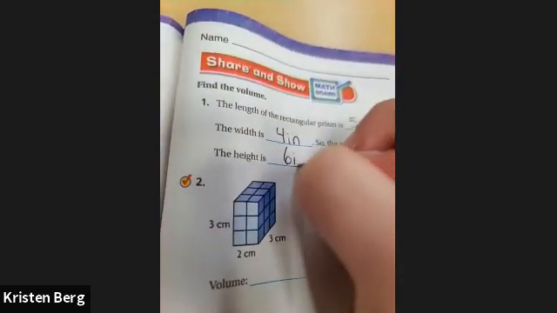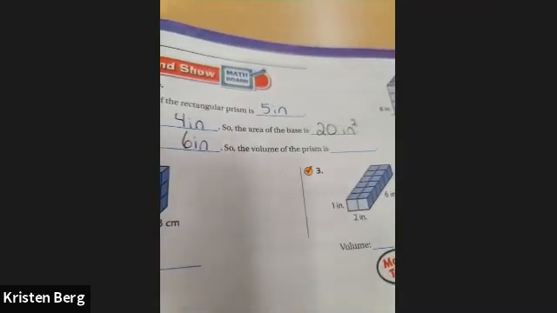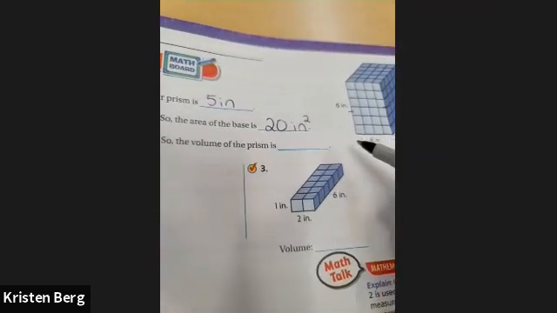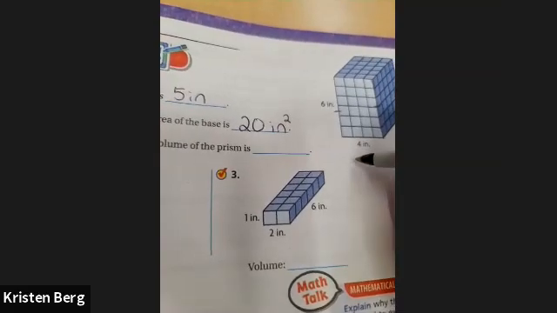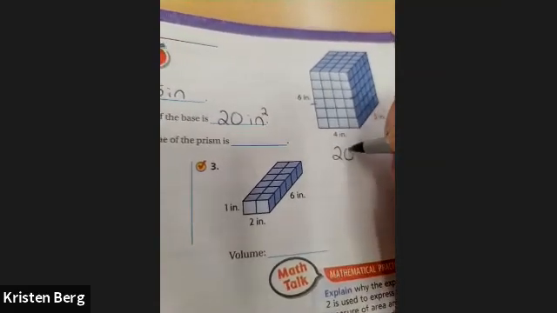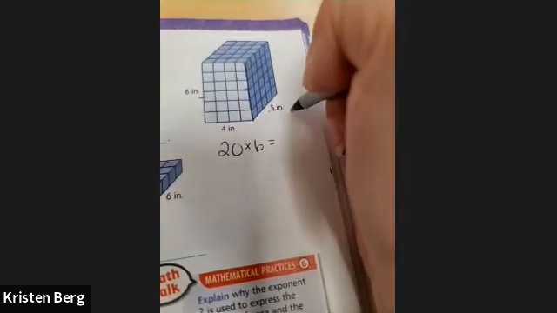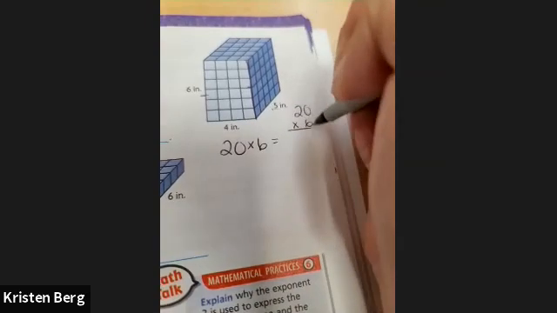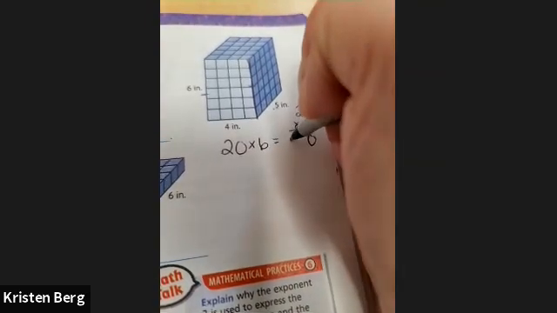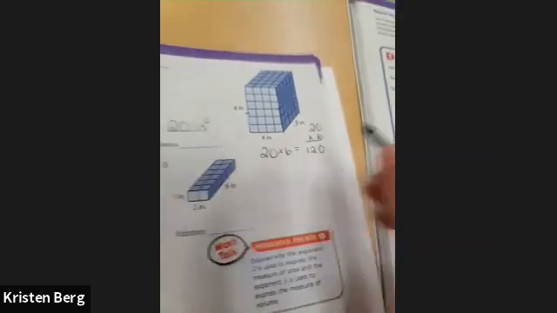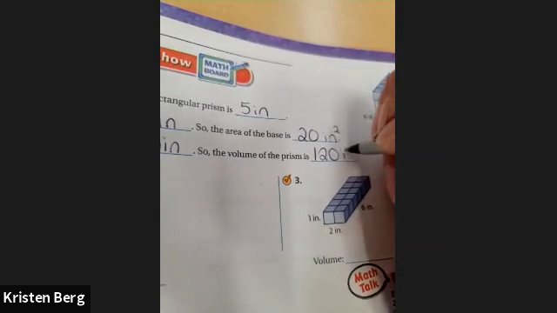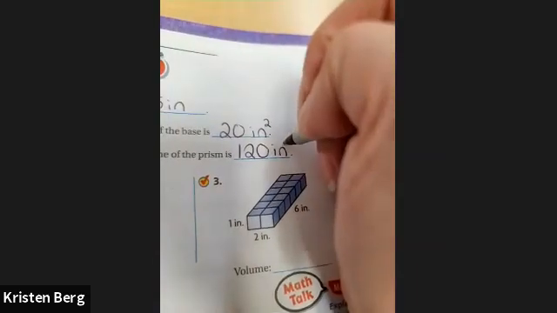So this is your 6 inches. To find the volume of this entire prism, you would just take 20, that bottom shape, and then times it by 6. So 20 times 6. 6 times 0 is 0. 6 times 2 is 12. So your answer is 120, and then your inches to the third power, or inches cubed.